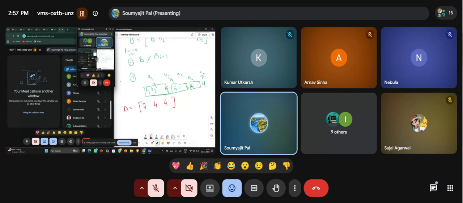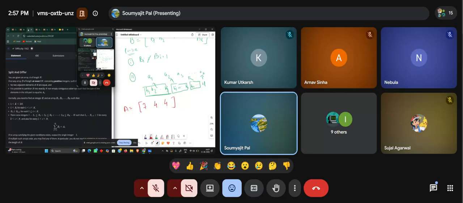Right. So, for example, I have been given 7, 4, 4. So I can construct B like this. I can write 1 comma 6, 3 comma 1, and 3 comma 1. Is it valid, from whatever you understood till now?